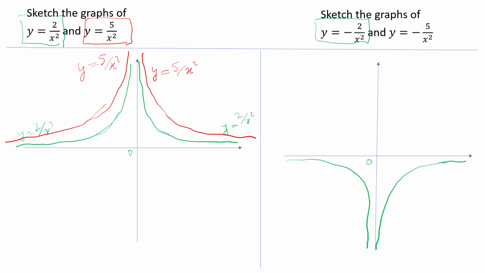Let's do the next graph. y equals negative 5 over x squared. So for the same x value, the y value is bigger than the first one. When x is positive, y is negative.